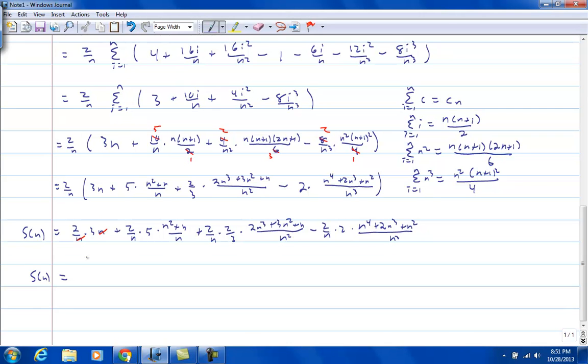So the first one's going to be just a 6 plus 2 times 5 is 10 times n squared plus n over n squared, plus 2 times 2 is 4 over 3, so 4/3 times 2n cubed plus 3n squared plus n over n times n squared is n cubed, minus 2 times 2 is 4 times n to the 4th plus 2n cubed plus n squared all over n times n cubed is n to the 4th. I'm going to give myself some more work space here.